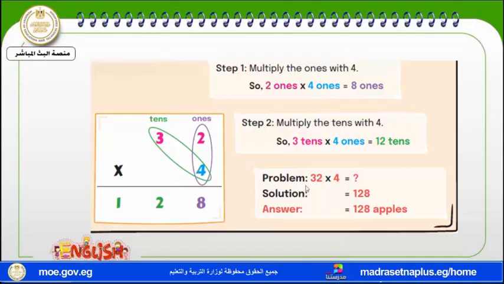So the problem with 32 apples in 4 boxes: the number of apples in all the boxes was 128. This was how we can solve a multiplication math problem.